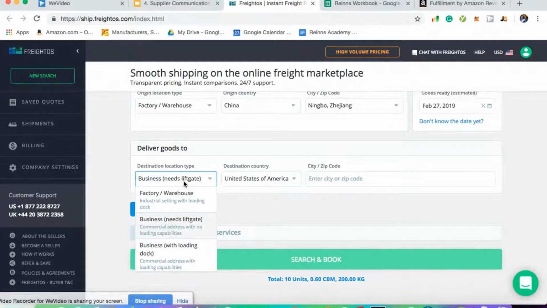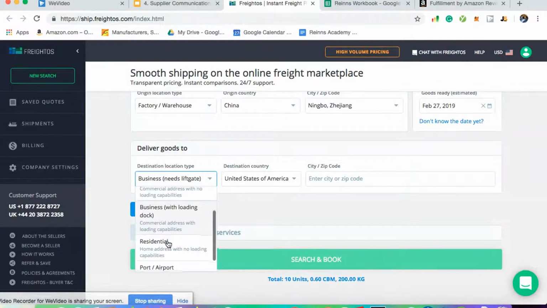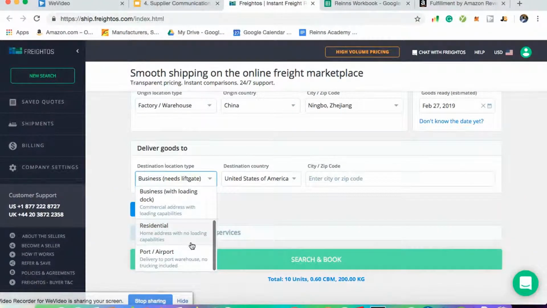I'm just going to enter their address here. So the goods will always be going to the factory or warehouse. We don't need to take the goods to a home, residential address, or port, because there they'll just be dumped at the ocean port, the seaport or the airport. So we don't want that.